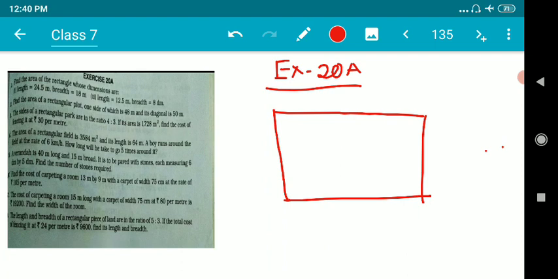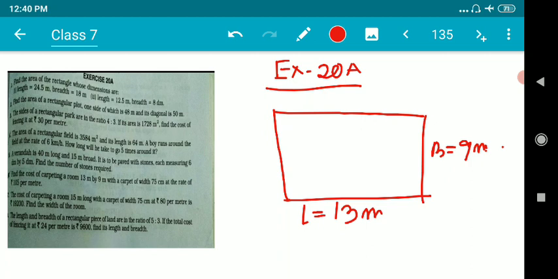The length is 13 meter and the breadth is 9 meter. A carpet of width 75 centimeter, at the rate of rupees 105 per meter.